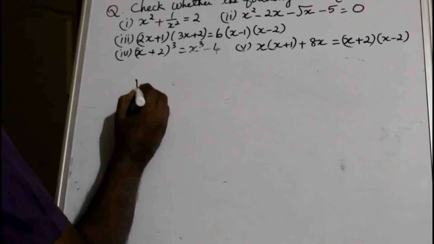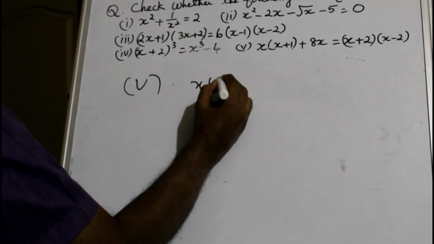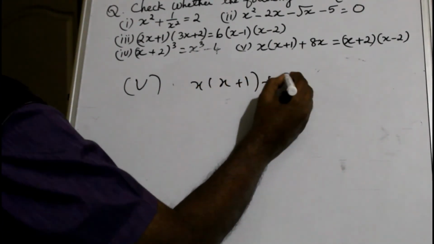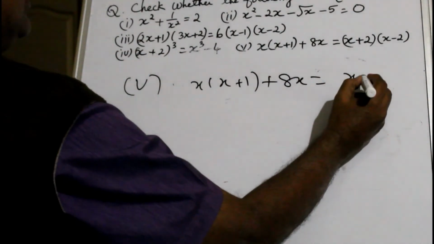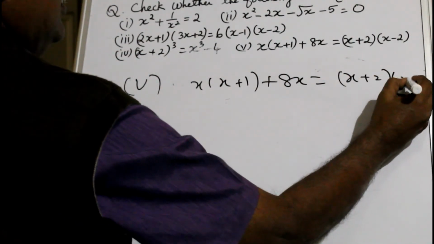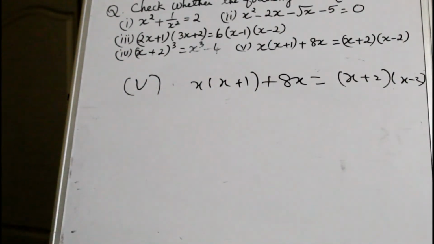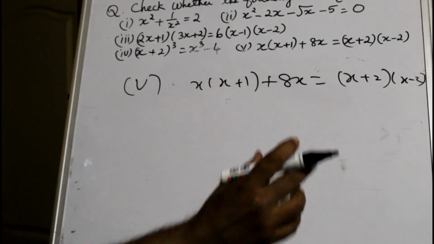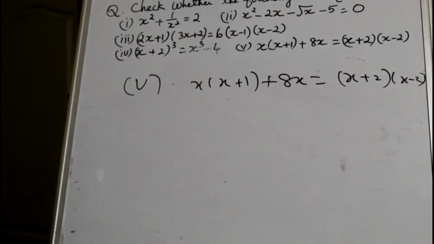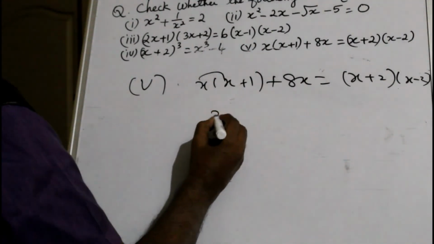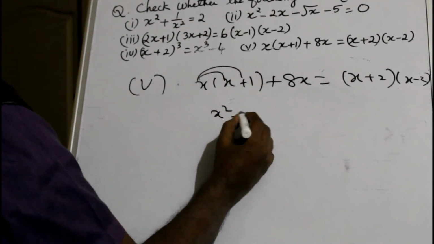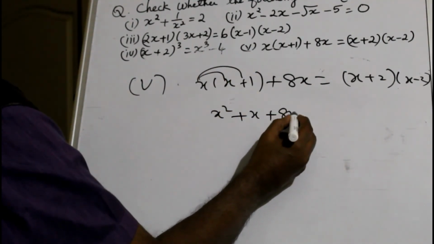Fifth sum is x into x plus 1 plus 8x equal to x plus 2 into x minus 2. Now again you must try to bring it to the standard form. So we multiply it, x into x is x square plus x plus 8x.